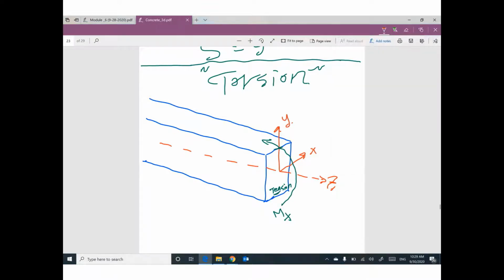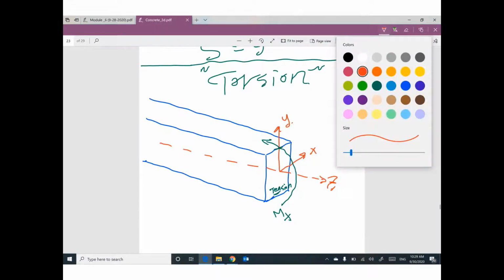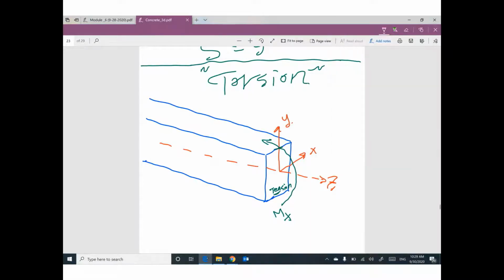If you have a moment like this, I need to change the color. Okay, let's try this one. Moment like this. This moment is rotating about what? Y?